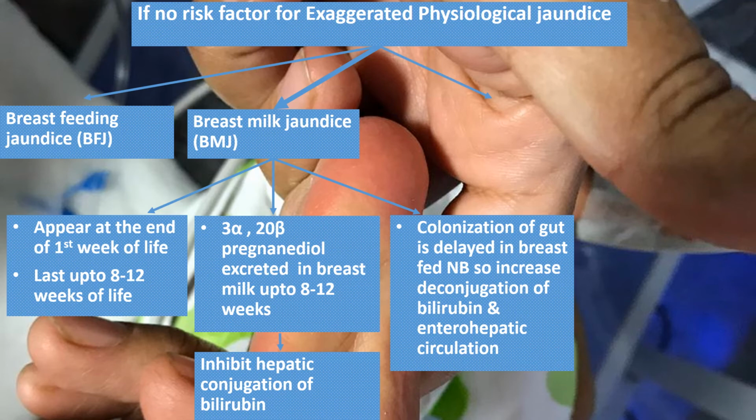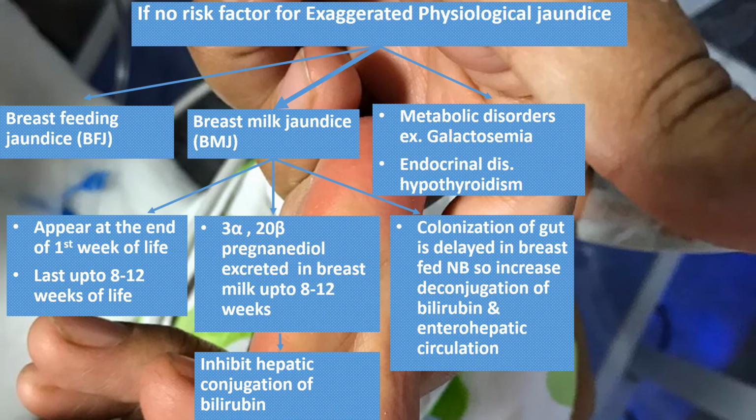If you rule out all these, then also take the detailed history and examination for metabolic and endocrine disorders. For example, galactosemia. For this you have to go for reducing substance in the urine, and if the newborn has vomiting, lethargy and hepatomegaly along with the jaundice, then rule out galactosemia. Then go for the thyroid profile.